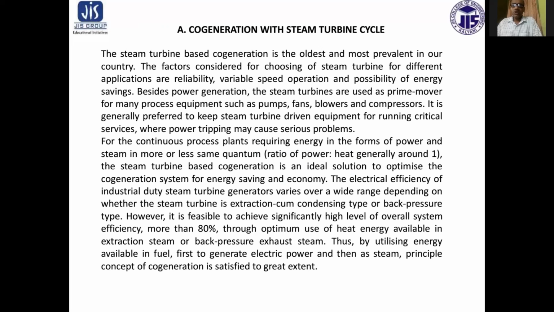For continuous process plants requiring energy in the form of power and steam in more or less the same quantum, that is, the ratio of power and heat generation is around 1, steam turbine based cogeneration is an ideal solution to optimize the cogeneration system for energy savings and economy.